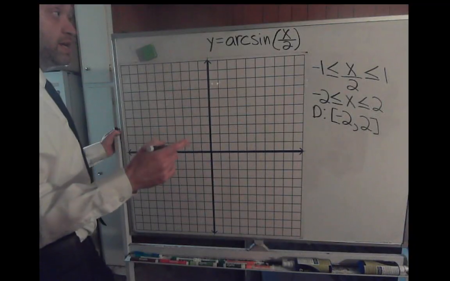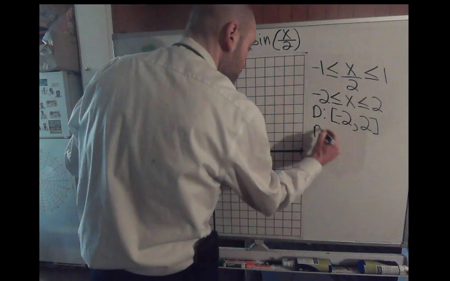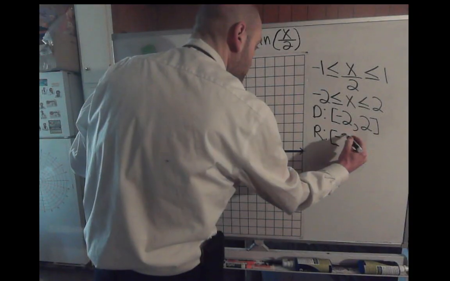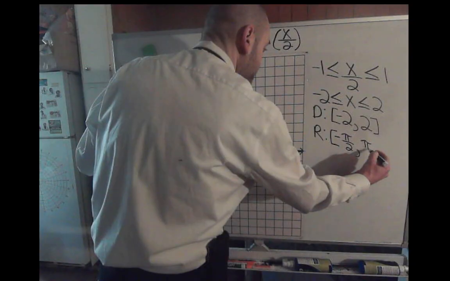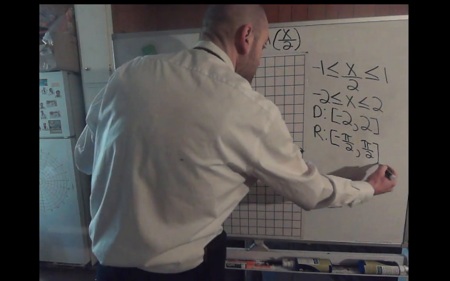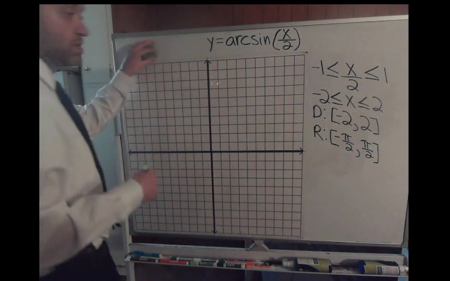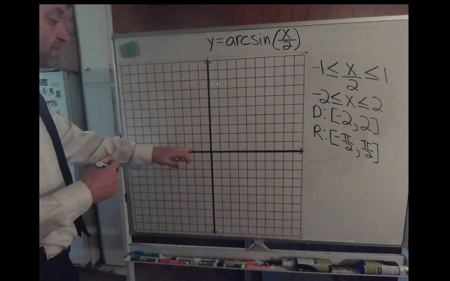Now your range, there's no coefficient on the arc sine, so your range is still going to be from -pi over 2 to pi over 2. So this is going to be a horizontal stretching factor, is what we're going to have. So let's go to -2.